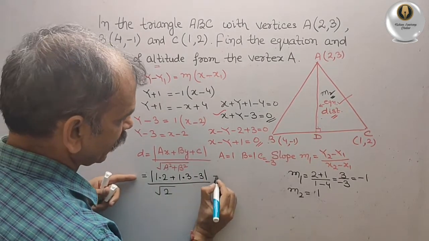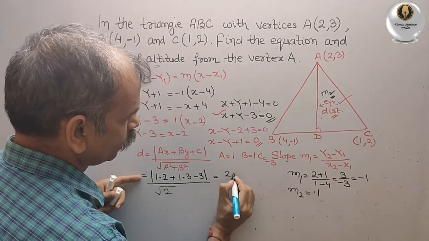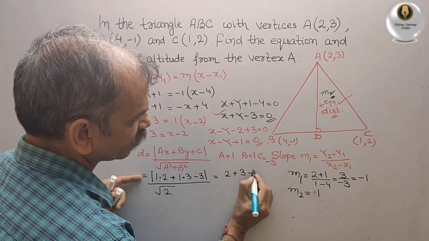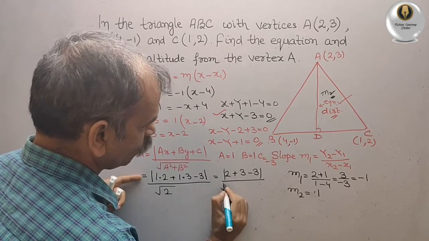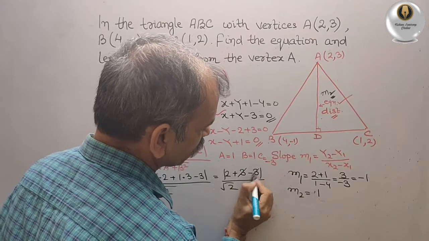So 1 into 2 is 2, plus 1 into 3 is 3, and minus 3, modulus by root over 2. You can see 3 and minus 3 are gone.